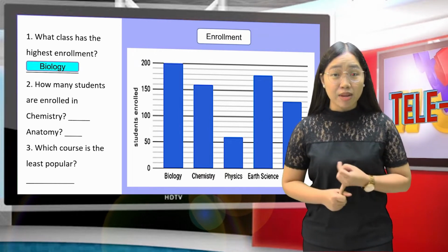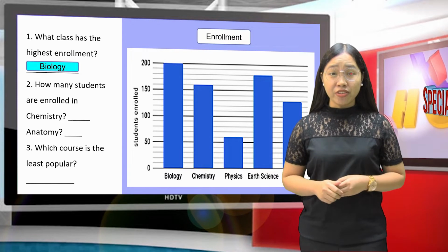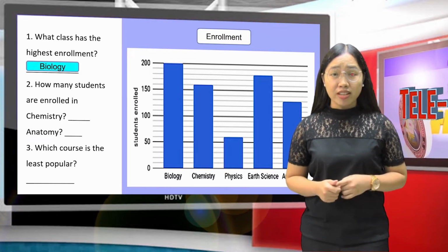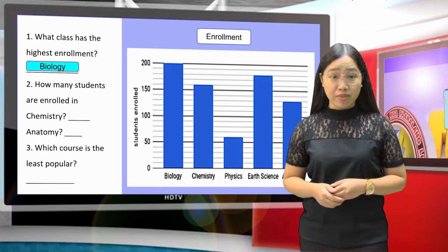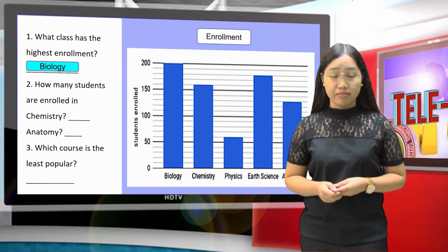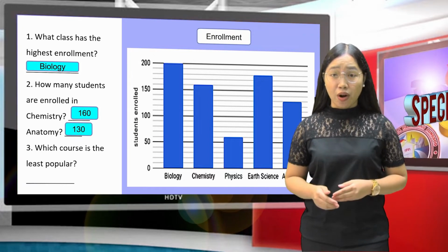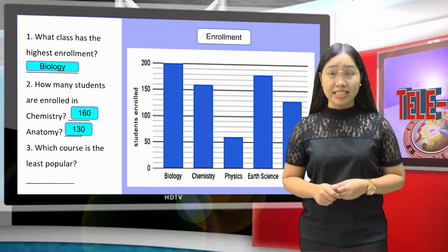Very good, it's biology with 200 enrolled students. How about number 2? How many students are enrolled in chemistry and anatomy? Yes, it's 160 in chemistry and there are 130 enrolled students in anatomy.